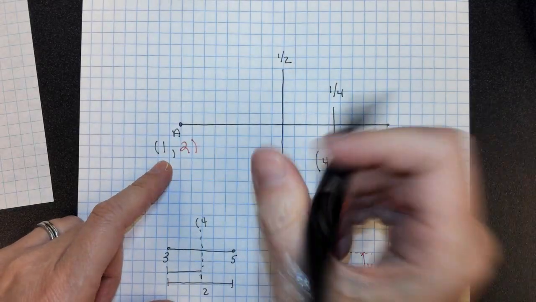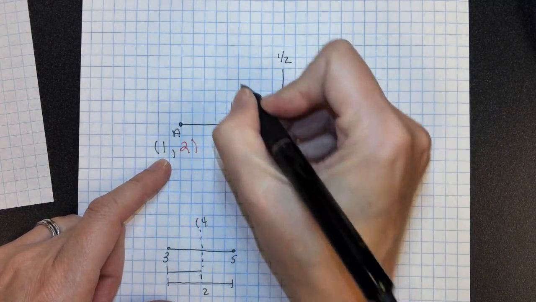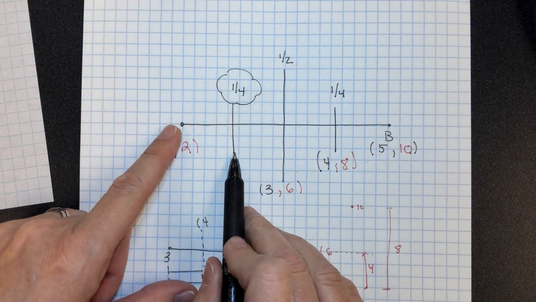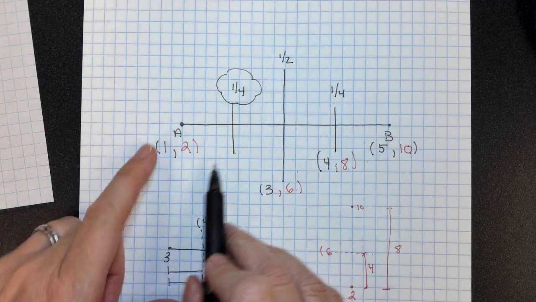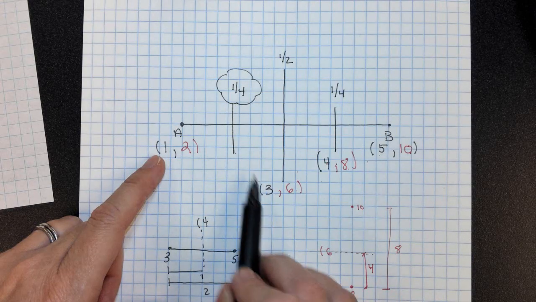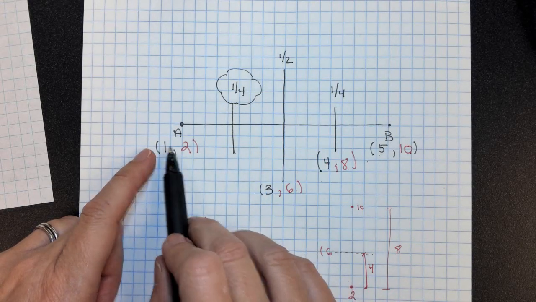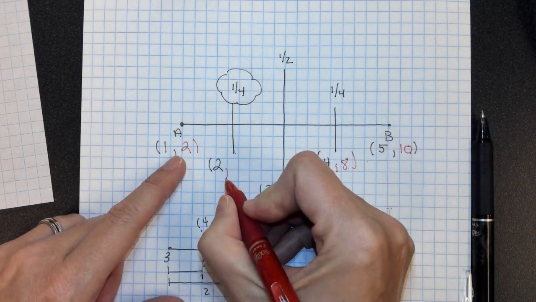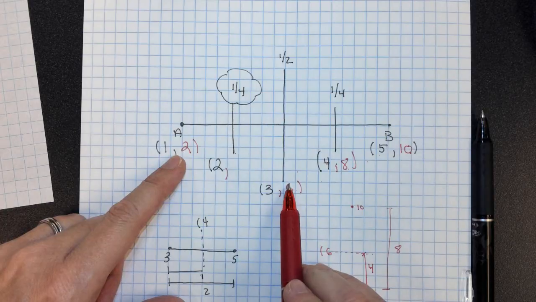Same thing over here, and this is really what I was looking for to begin with. This was my goal right here, 1/4 from A. So 1 to 3 is 2. This makes that 1. 1 plus 1 is 2. 2 to 6 is 4.